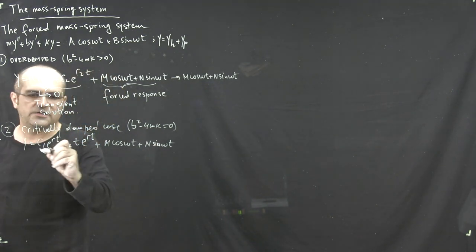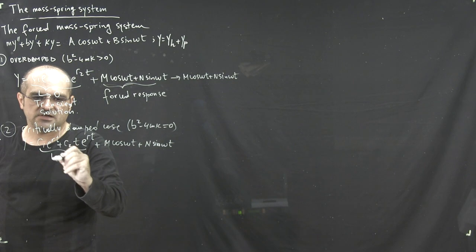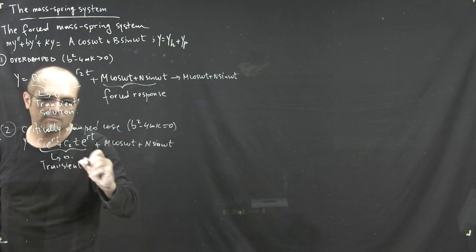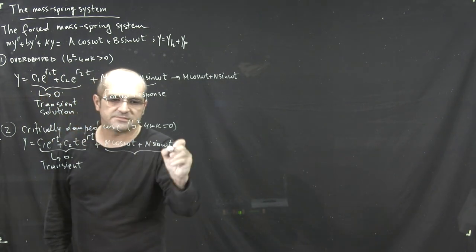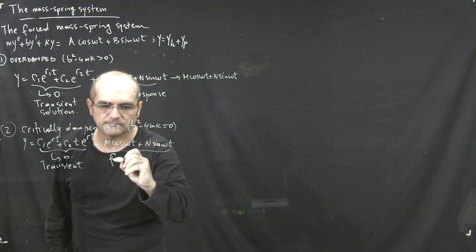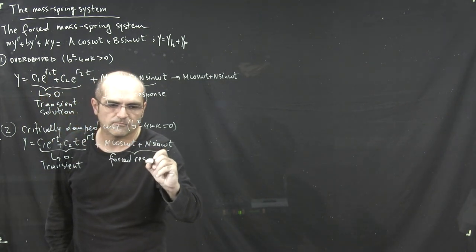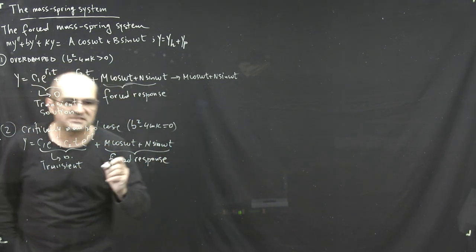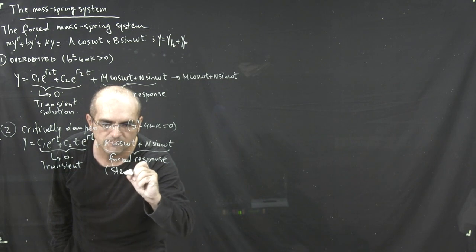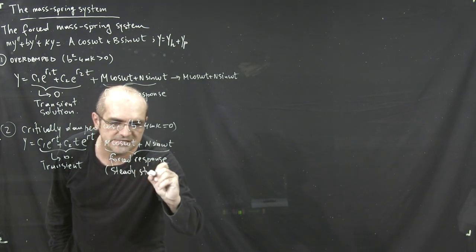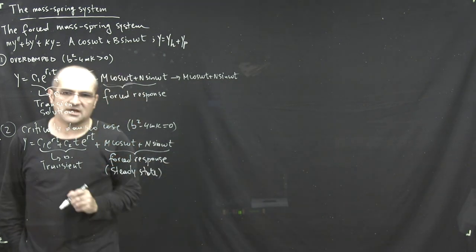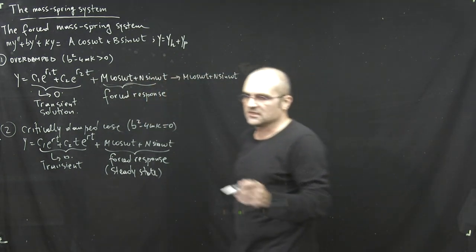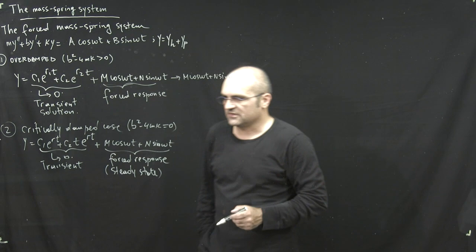And so this one now is the transient that goes to 0. And the forced response. Another name for the forced response is the steady state. The steady state, because again, this is what's left as t goes to infinity. The portion of the solution that is still there as t approaches infinity.